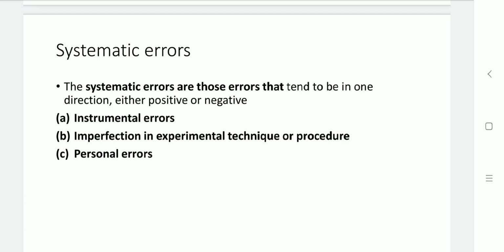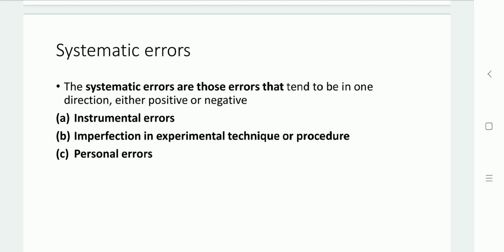Next is imperfection in experimental technique or procedure. While determining any value, we have to follow certain steps. We have to set some parameters with the proper required value.